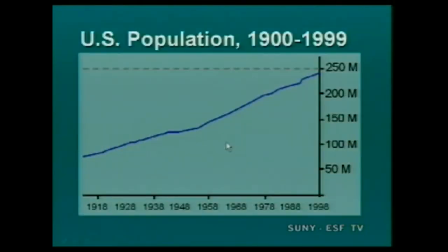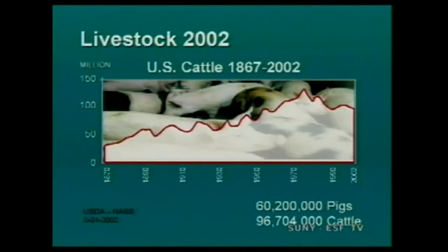We mentioned population explosion, and you can see the magnitude of it in the United States over time, going from about 50 million people to now over 250 million people in less than 100 years. Big impact, more people, it's IPAT all over again, the population part. Also, I mentioned livestock, and here we've got some pigs in the background, and you can see the growth in livestock as our affluence has gone up.